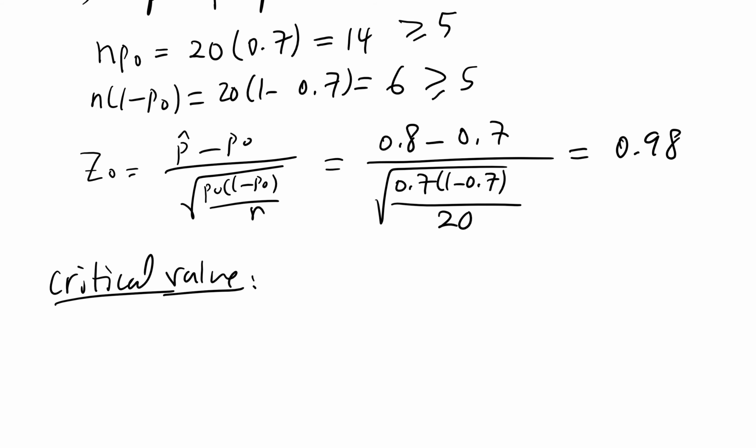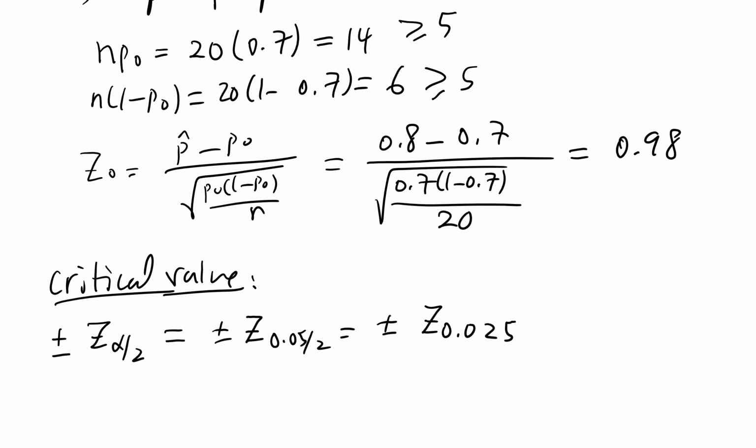To do so, we need to go to the table, right? So for z, this is a two-tailed test, so we do plus or minus z. Alpha is 0.05 over 2, plus or minus z sub 0.025. If you look that up, that's plus or minus 1.96.